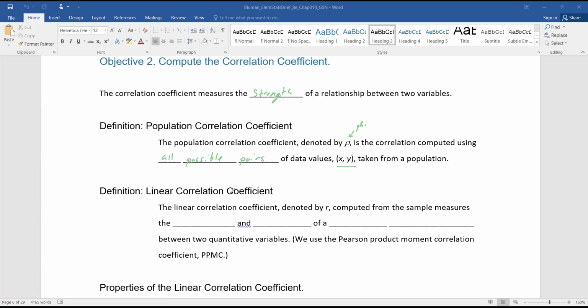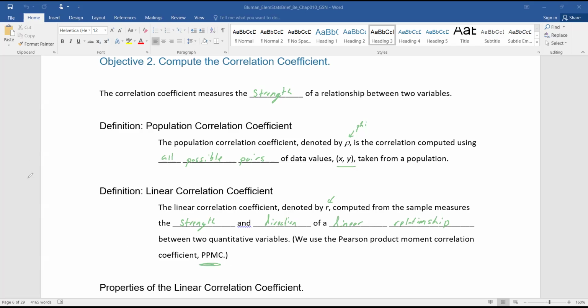A linear correlation coefficient is denoted by r, computed from the samples, and measures the strength and direction of a linear relationship between two quantitative variables. We can use the Pearson product moment correlation coefficient, or PPMC, as well.